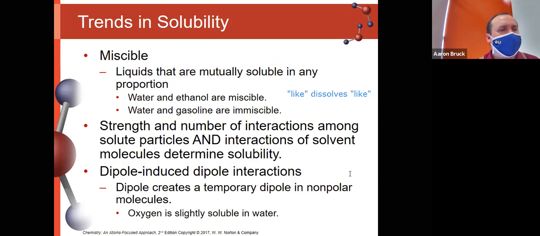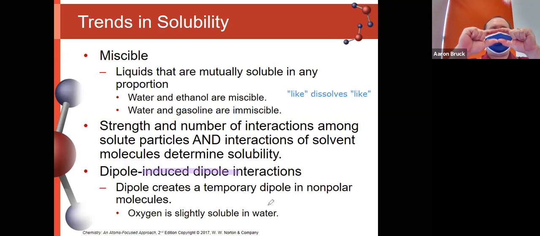The only times when we really even see anything like that are with an induced dipole, where the presence of a dipole causes a nonpolar molecule to bend slightly, creating a temporary dipole situation. This is what happens in oxygen. So oxygen is a linear molecule.